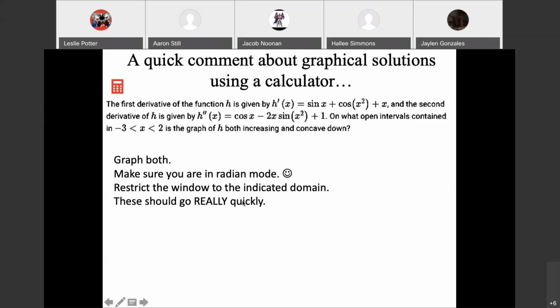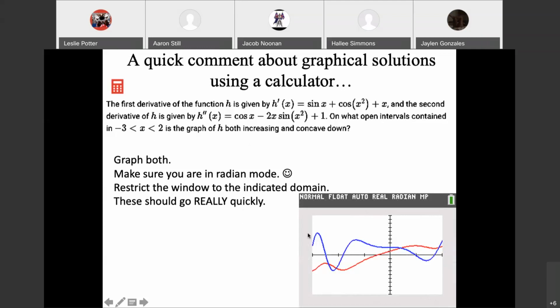I'm going to run you through this. Here is the derivative and the second derivative. Increasing and concave down: increasing means positive derivative, concave down means negative second derivative, right?